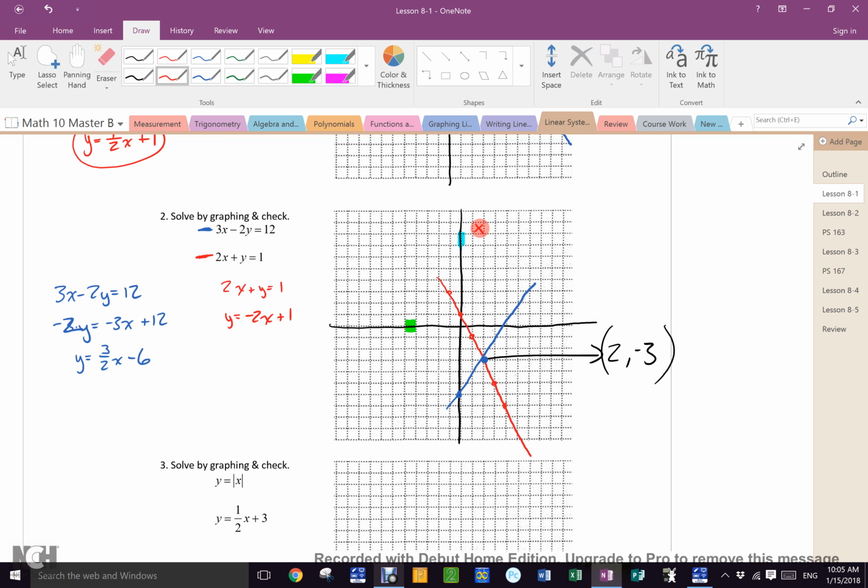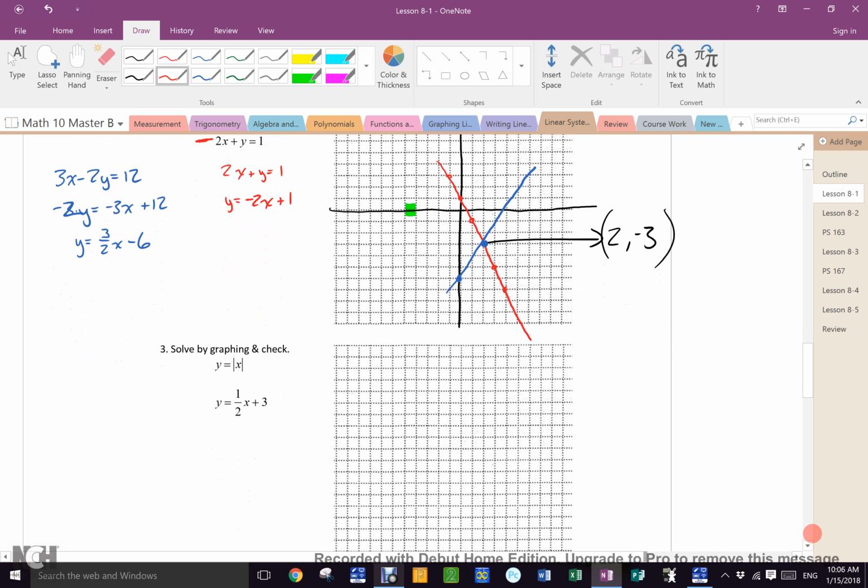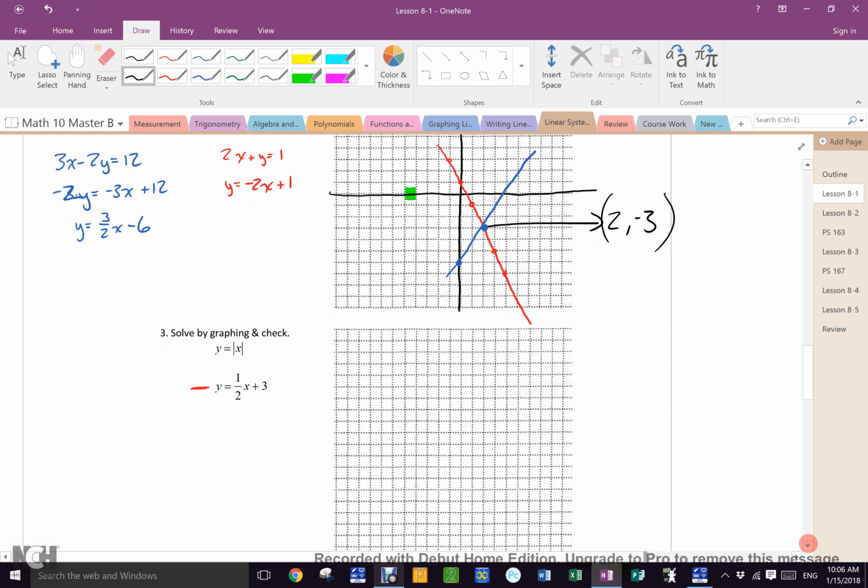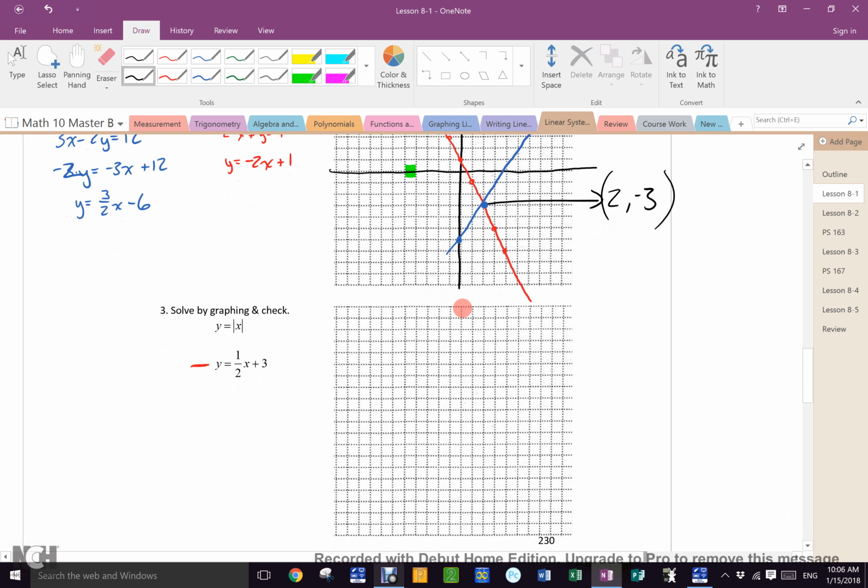Everybody cool? Now I'm going to show you something that isn't really part of grade 10, but you're going to see it next year, and it applies to what we're doing here. Everybody could graph this one, right? Easy peasy. Go ahead and graph it. Just graph the second one there.